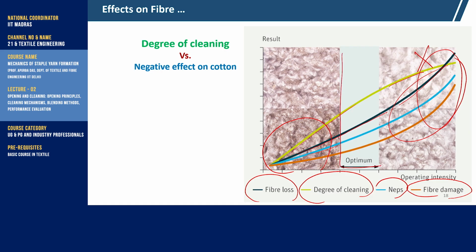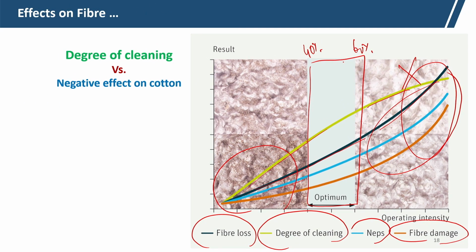This is the optimum zone here, between say 40 to 60 percent of cleaning, and whether to select 40% or 60% depends on the type of fiber. If it is a longer fiber and finer fiber, we should go for the lower cleaning, because during the blowroom, cleaning action for finer and longer fiber will be difficult. That can be done at the carding or even combing action.